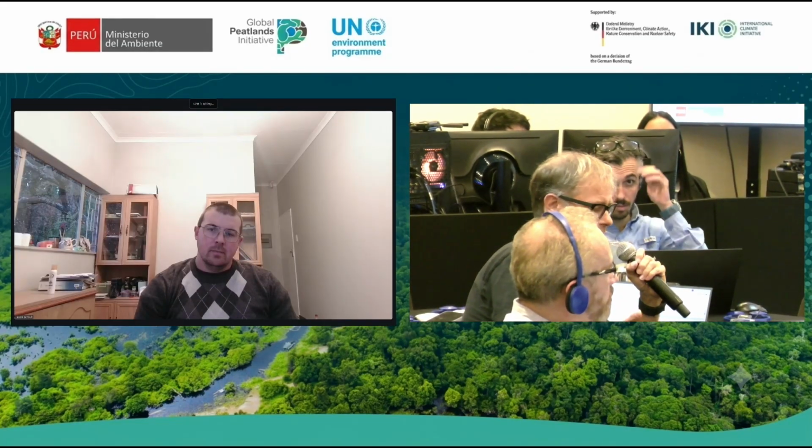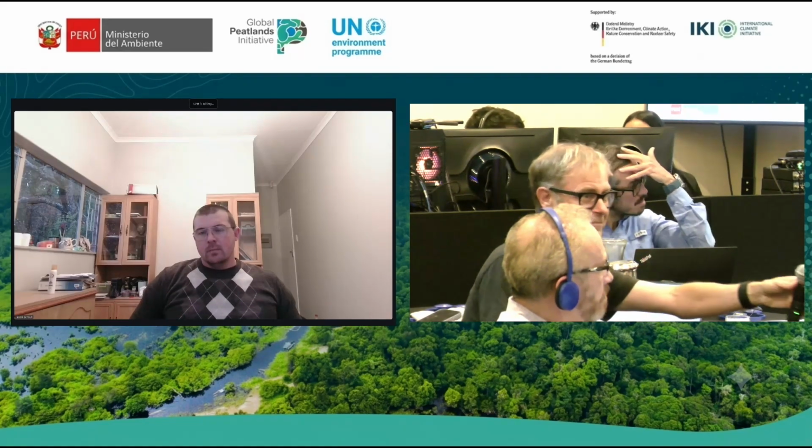But in terms of the actual signal, drain the peatland and it's oxidizing straight away. And you can measure that. In Southeast Asia, you can't quite see it in real time, but you can go back each year and see how much has been lost. It's huge.